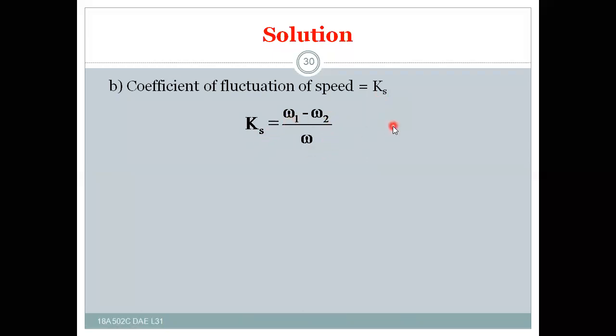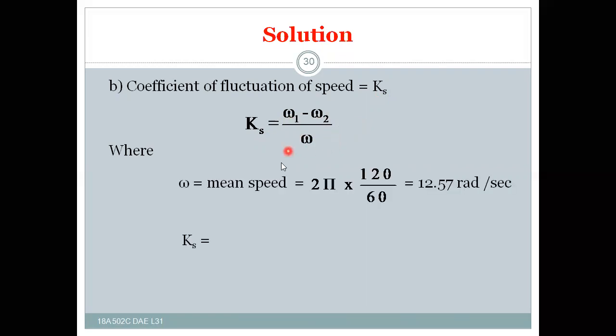The mean speed is given, and omega is to be calculated: omega is equal to 2 pi into 120 by 60, that is 12.57 radians per second. After substitution of omega 1, omega 2 and omega, you will get the coefficient of fluctuation of speed as 0.033. This is the coefficient of fluctuation of speed.